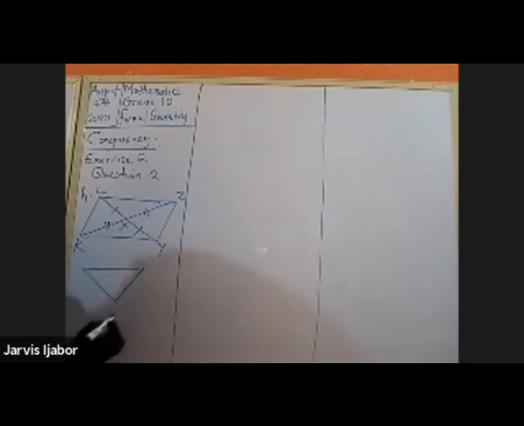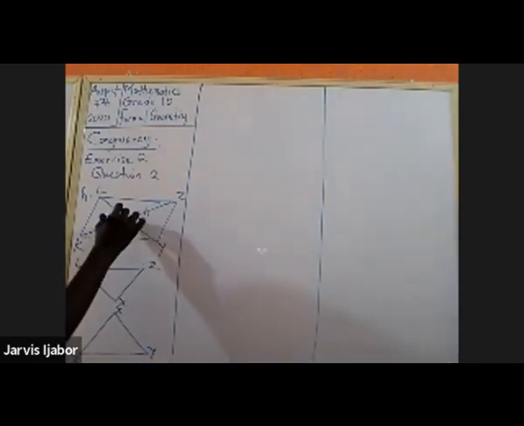One, two, X, Y, Z, and you have what? Sorry, this will be Z, L, X, right? So from what you discover, this angle here will be equal to this angle here.